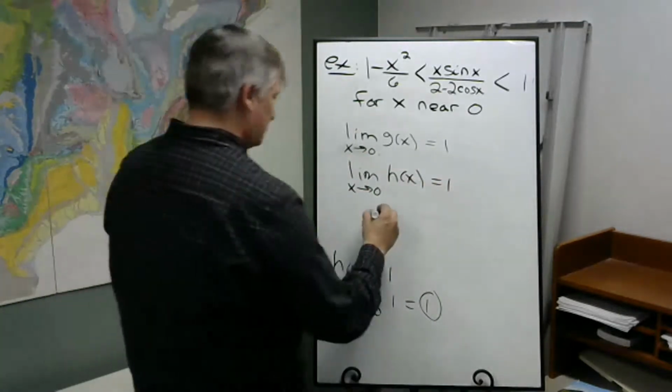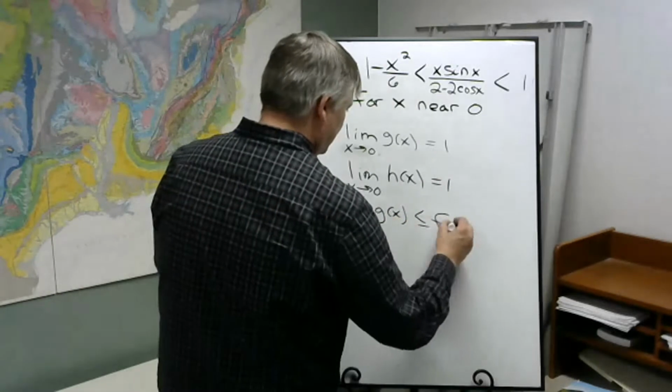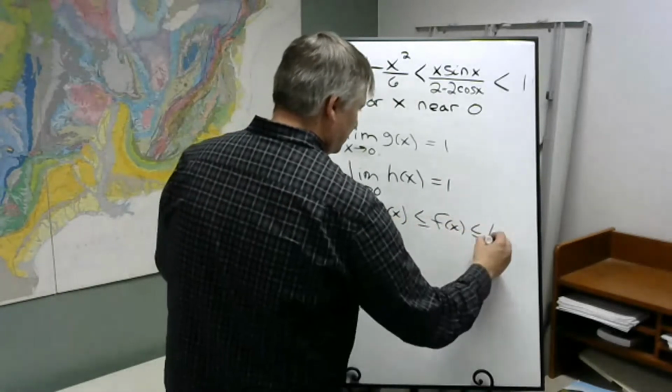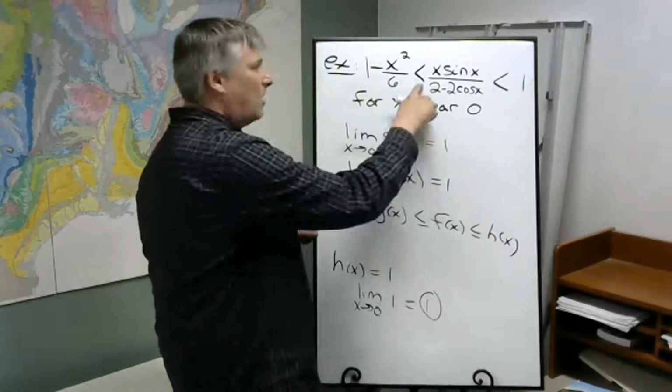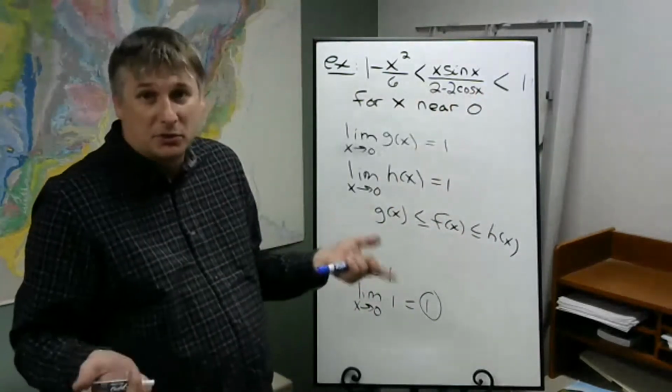And then we have g of x less than or equal to f of x less than or equal to h of x. I mean, that's a hard inequality, but even if it was a softer inequality, it would still be okay.